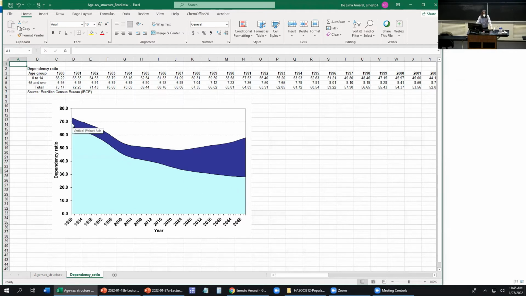And as the population gets older, the dark blue here is the old age dependency ratio. With more people at least 65 years of age, the old age dependency ratio increases, right? So that's a similar graph to the one that I showed for China, India, and the US, but in this case, broken down by old age dependency ratio and youth dependency ratio.